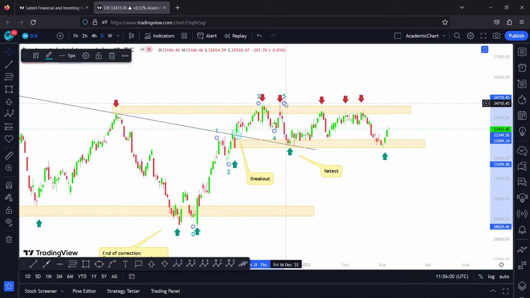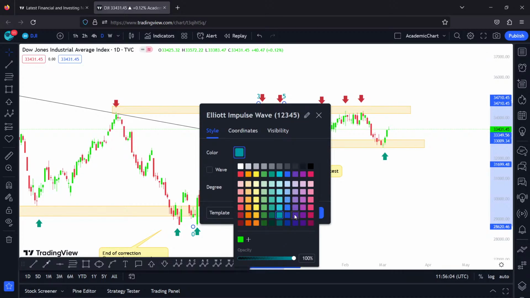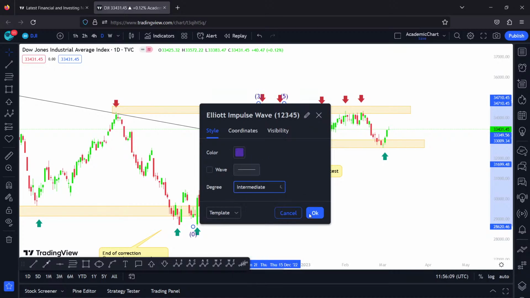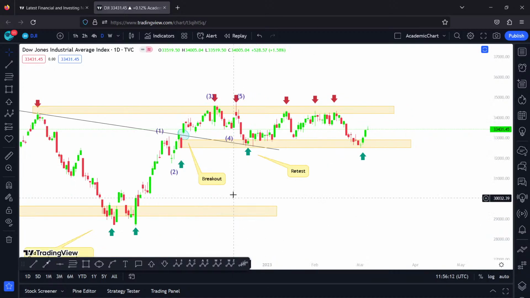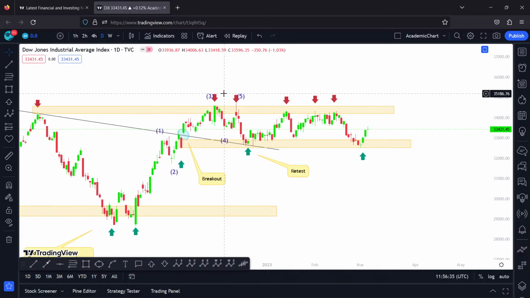Why I'm calling it as such? These are not minor waves, because it is a daily chart. It doesn't really matter, but I would like to call them intermediate waves. And the fifth wave is not that much higher than the third wave, because sometimes these fifth waves cannot actually create a higher high in comparison to the destination of the third wave, and it is something called truncation.